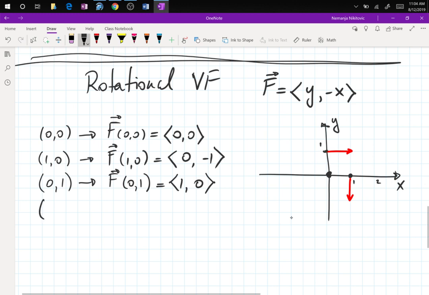Let's go with negative 1, 0. At negative 1, 0, it will be 0, 1. So negative 1, 0 is here. And then we go 0 in x, 1 in y. It goes up.